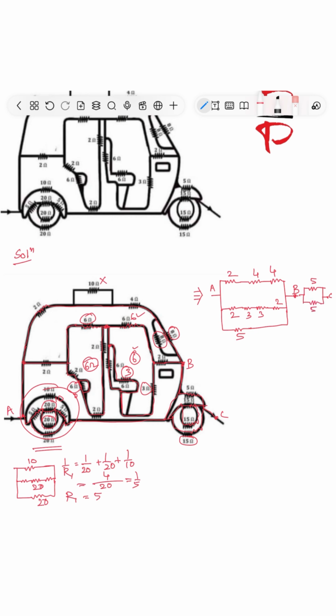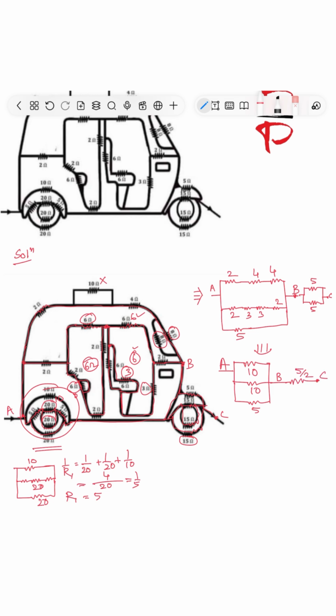Okay. Now the equivalent circuit will become: A point, it is 10. It is 2 plus 3 plus 3 plus 2, 10, and also the lower half is 5. So basically two 10 ohm and one 5 ohm are in parallel, and two 5 ohm are in parallel in between B and C. So the equivalent resistance will be 5 by 2.